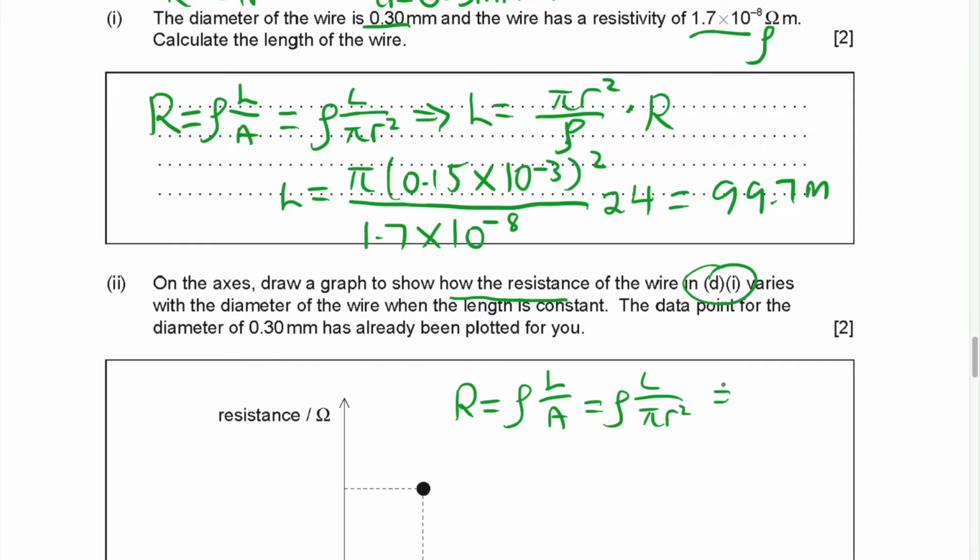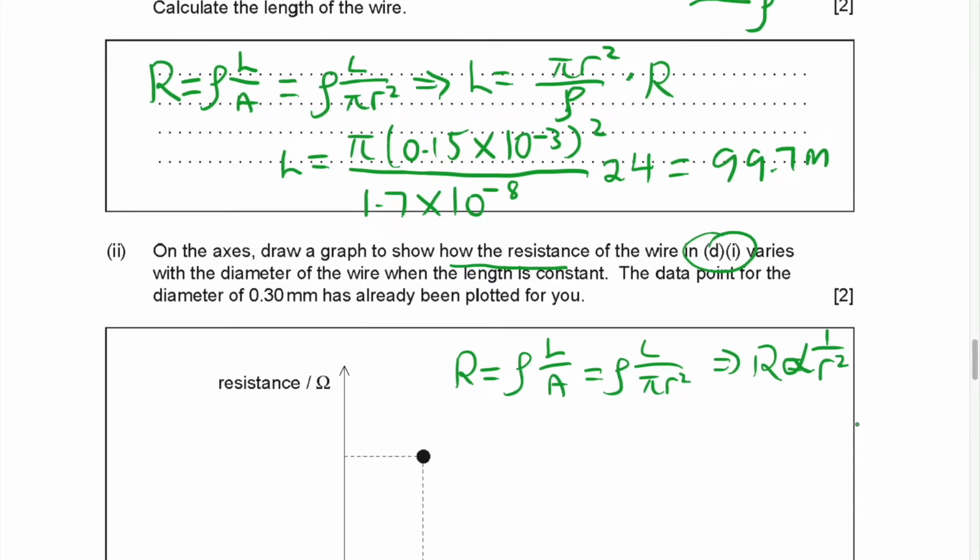So from this we can tell that resistance is directly proportional to 1 over r squared, or you can say it is inversely proportional to r squared as well.